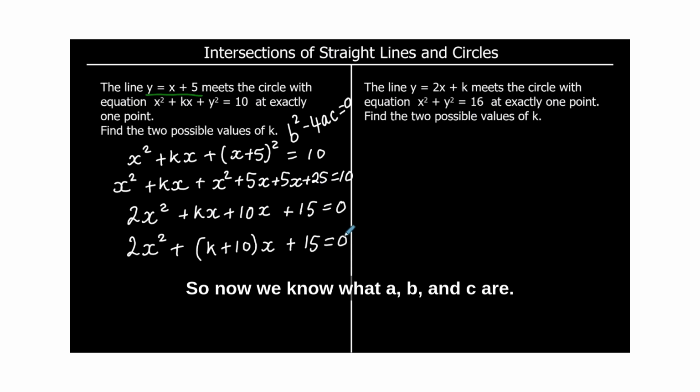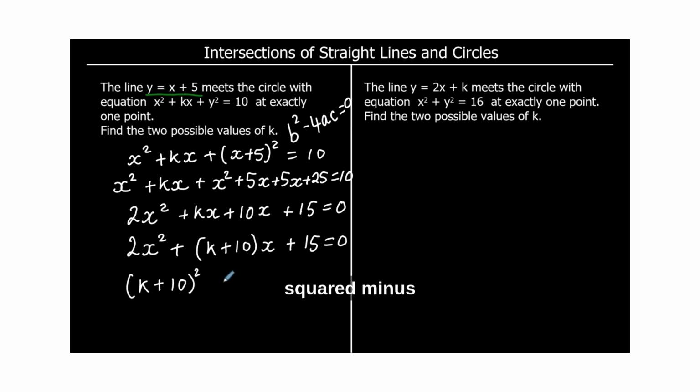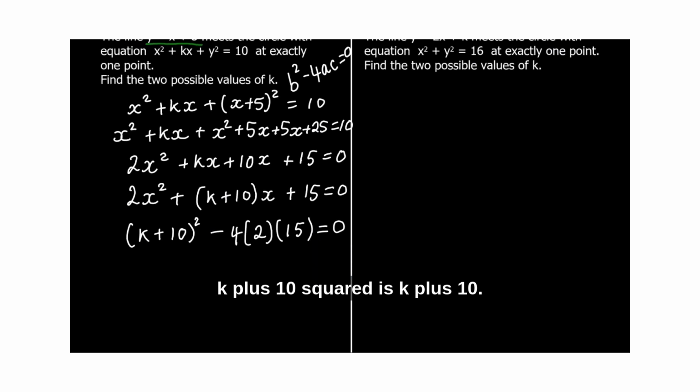So now we know what a, b, and c are. We know b squared minus 4ac has to be equal to 0. So b squared, (k plus 10) squared, minus 4 times a, which is 2, times c, which is 15, must be equal to 0. (k plus 10) squared is k plus 10 times k plus 10.